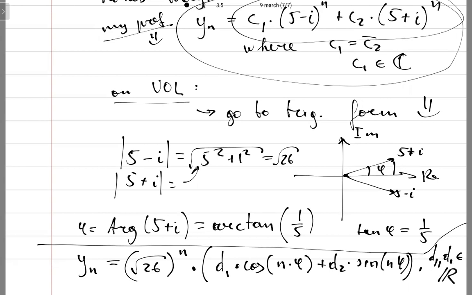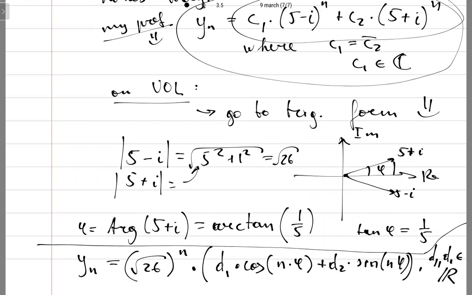That's the advantage of that form with cosine of n times arctangent of 1/5. I don't believe it's simpler. Yes, it has no imaginary numbers inside it, but for me, it's more intricate.